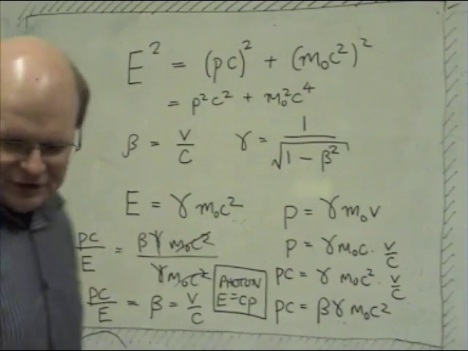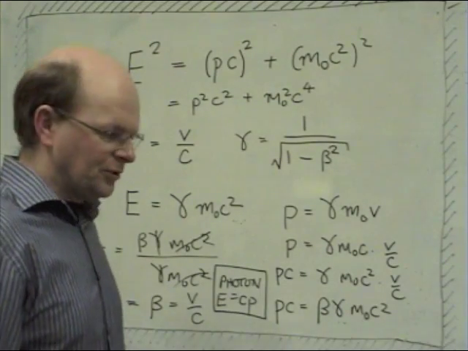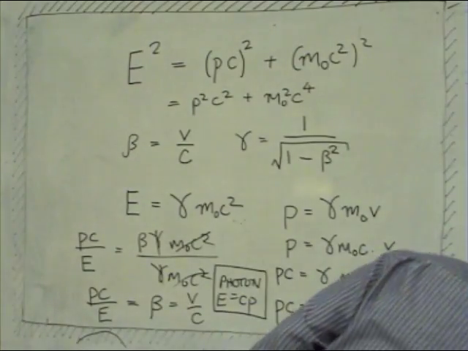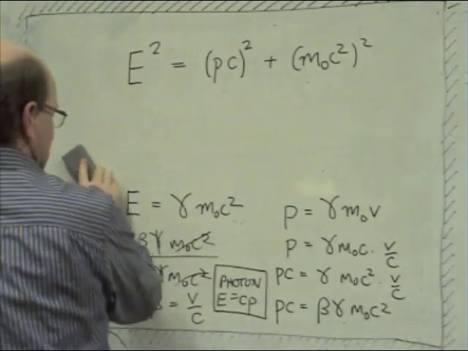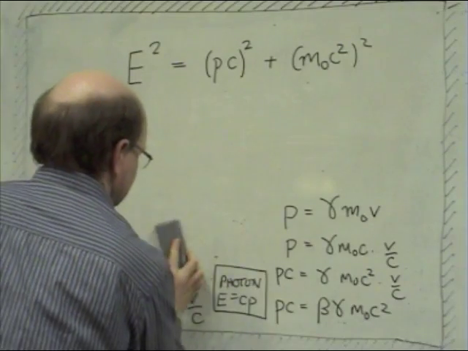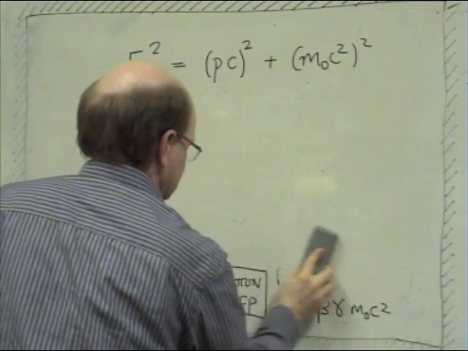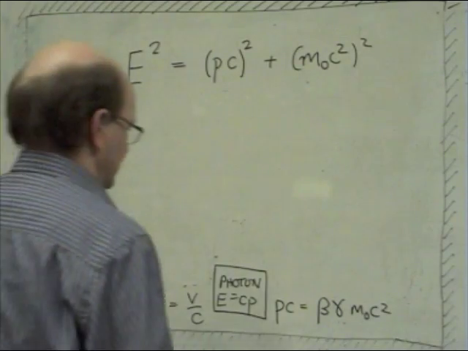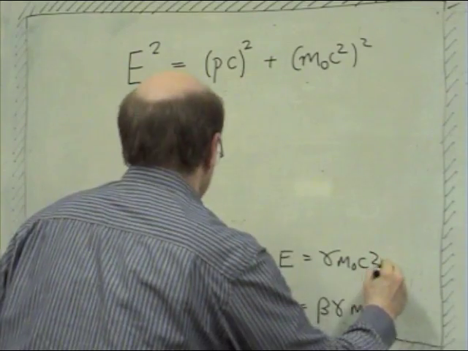Okay. So the next thing is, having shown this interesting result, we can relate it to some other results that we already know. So let me do a little board cleaning here. I'll leave the top one up. I'm going to write E equals gamma m naught c squared.